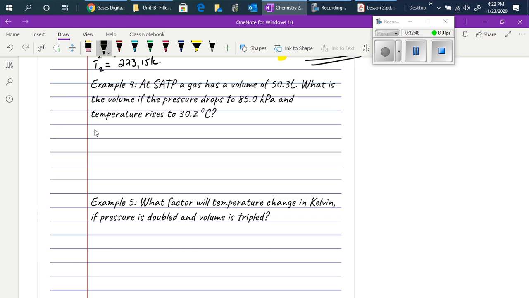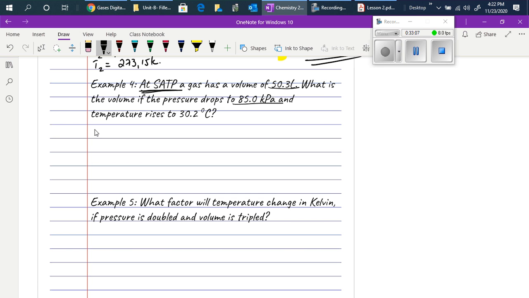Okay, let's move to the next example. At SATP conditions, a gas has a volume of 50.3 liters. What is the volume if the pressure drops to 85 kilopascal and the temperature rises to 30.2 degrees Celsius?